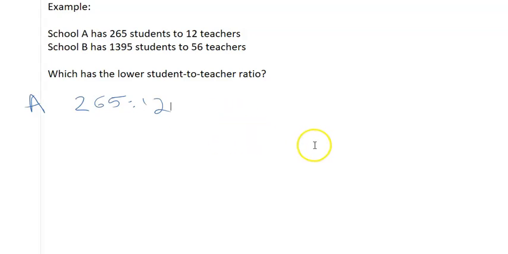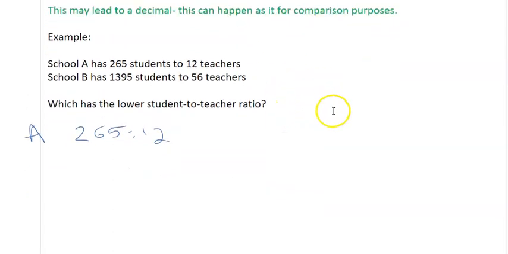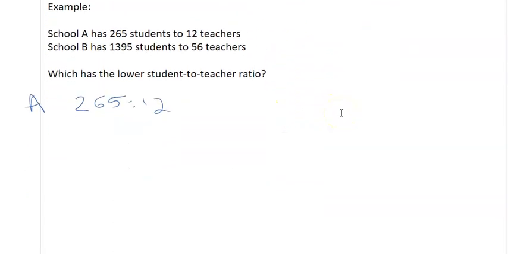Now, as we saw up here before, it's always in the form of something to 1 or 1 to something. Now, if we want a student-to-teacher ratio, the easiest is to divide to get the teacher, one of them, to 1. The easiest way is to get the smaller number to 1. In this case, for both schools, of course, it's going to be the teachers.